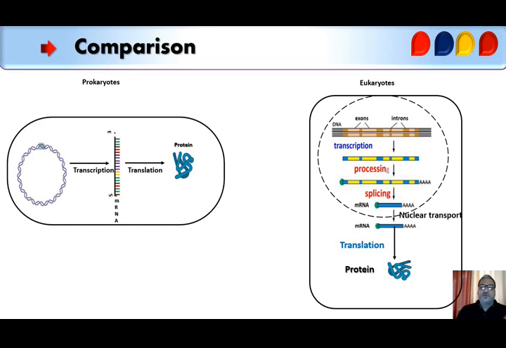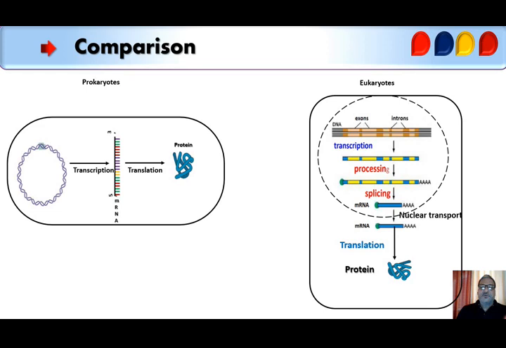The next basic difference is that in prokaryotes, transcription and translation occur in the cytosol itself, whereas in eukaryotes, the transcription process takes place in the nucleus, whereas the translation process takes place in the cytosol. So transcription takes place inside the nucleus, and translation takes place outside the nucleus in eukaryotes.